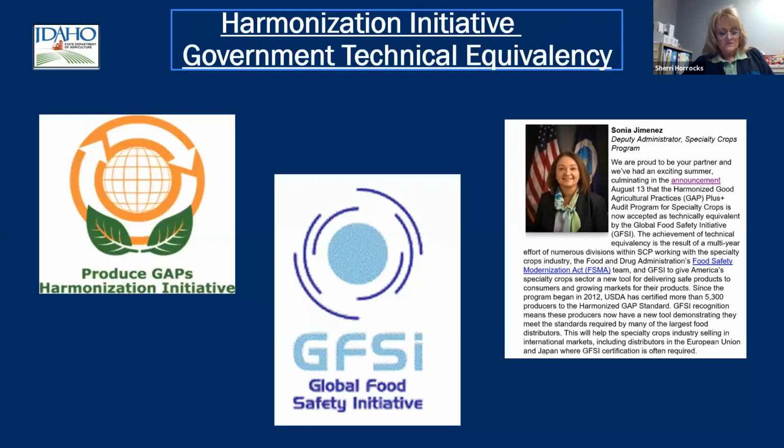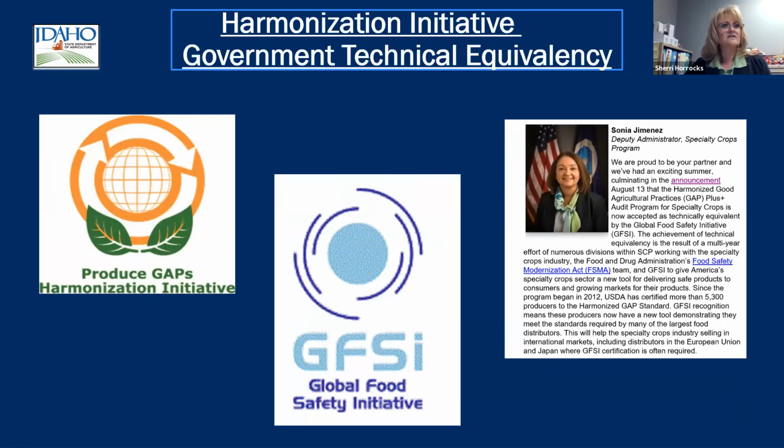Then in 2009, the Harmonization Initiative was created. This audit was brought forth so that one audit would satisfy all buyers, due to the audit fatigue the industry was experiencing. So it had to be created to be applicable to all fresh produce operations.